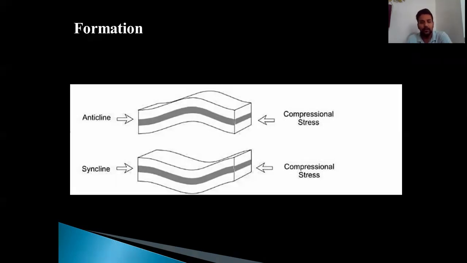Usually folds are classified as tectonic features, because in the usual sense we won't get dominance of folds otherwise, but sometimes due to depositional or other activities we may get folds. But tectonic folds are quite common compared with other types of folds.